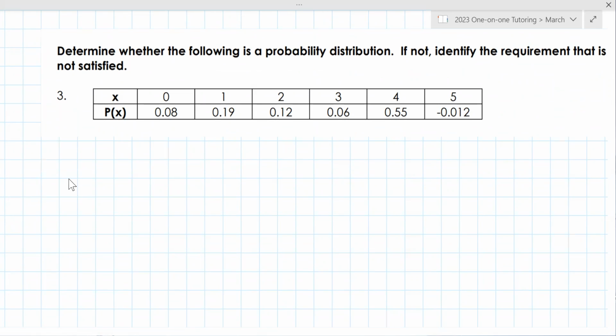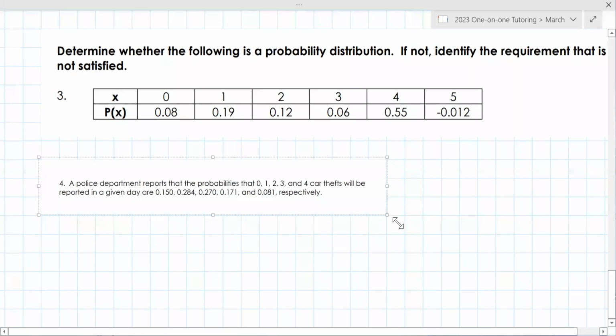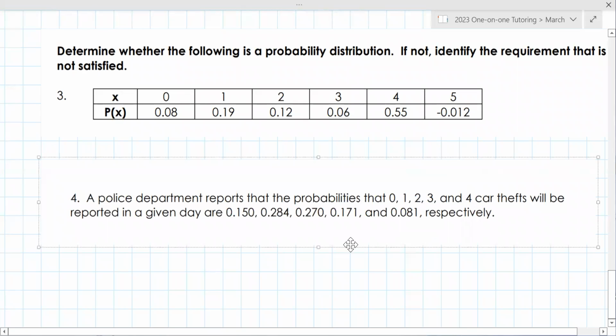How about this next one here? Take a look at that one, read it over. Tell me what you think.